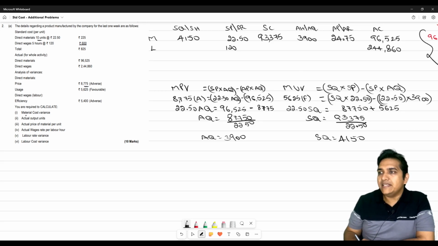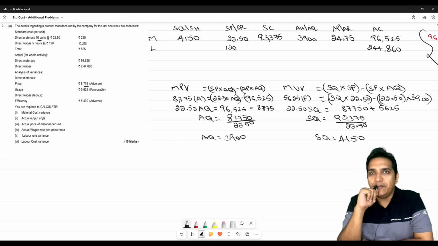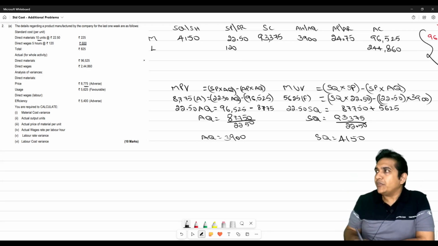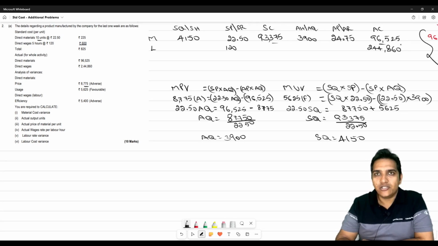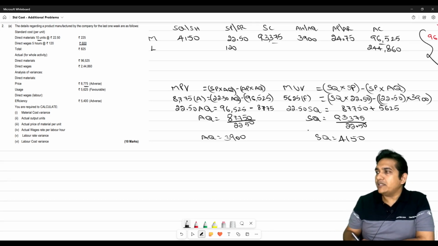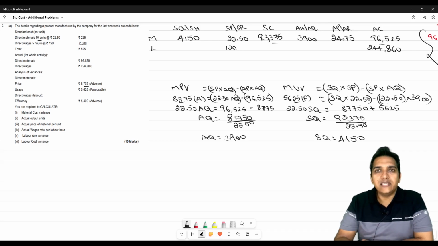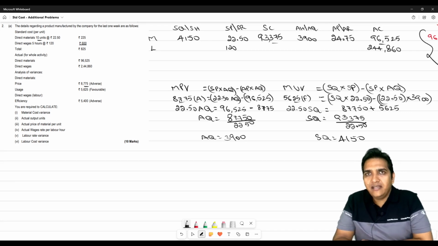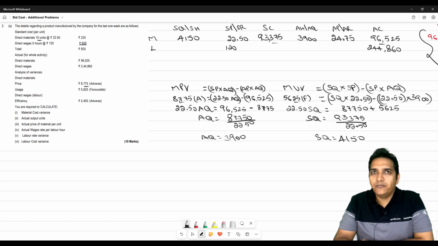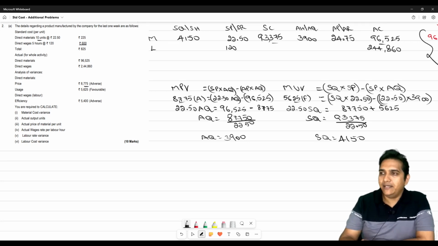So you can easily calculate material cost variance. Here you have two methods. One, you can take standard cost minus actual cost, you will get your material cost variance. Or you can take your material price variance, add it with material usage variance, and you will get your material cost variance. You can use either one of those. Both are correct. There is no wrong method here.